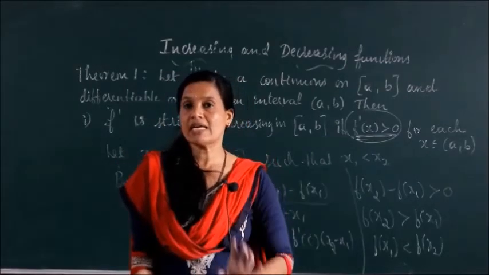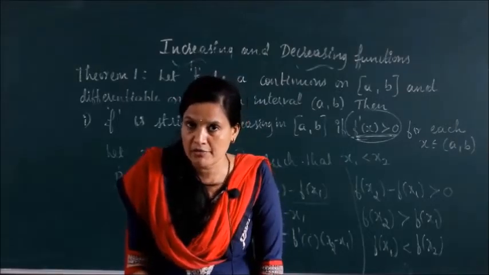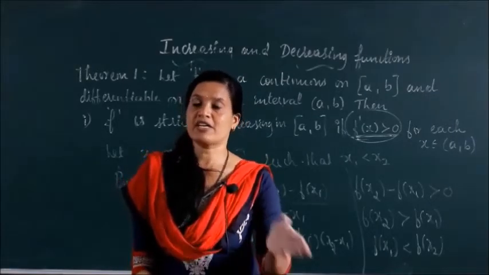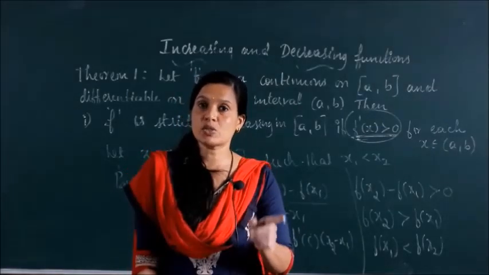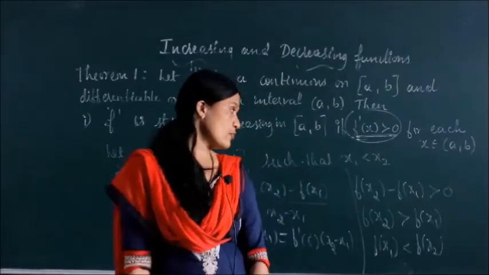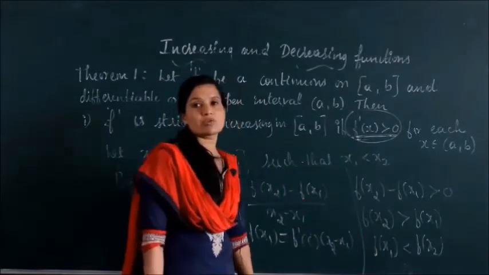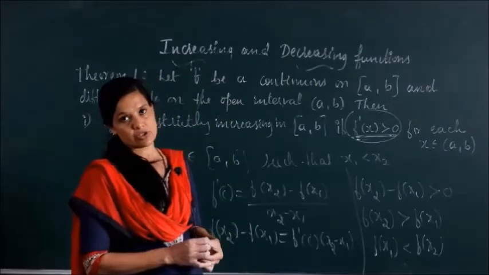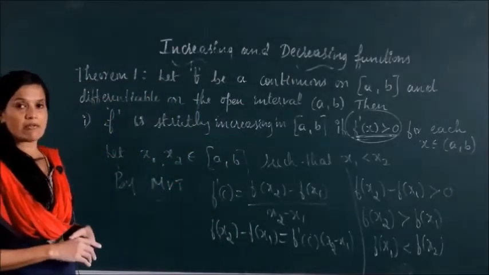What is a strictly increasing function? If x1 is less than x2 in the given interval implies f of x1 is less than f of x2, then I can say that the function is strictly increasing. Hence the function is strictly increasing in the given interval.